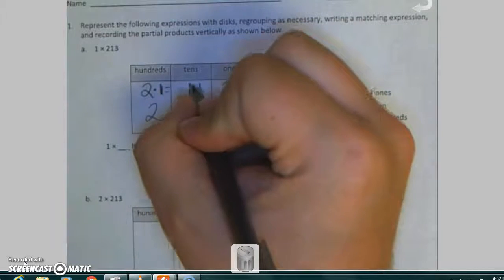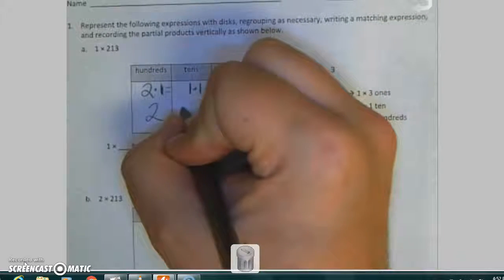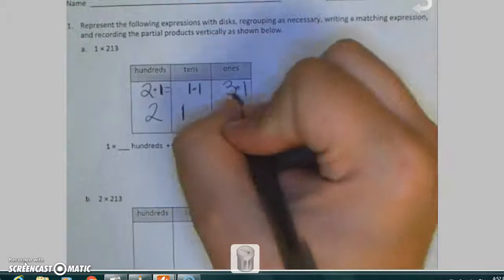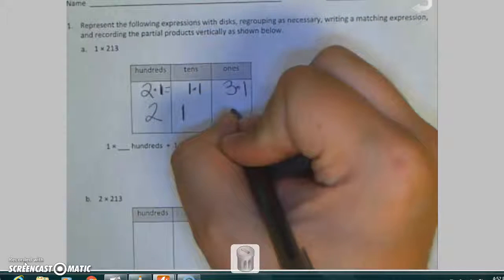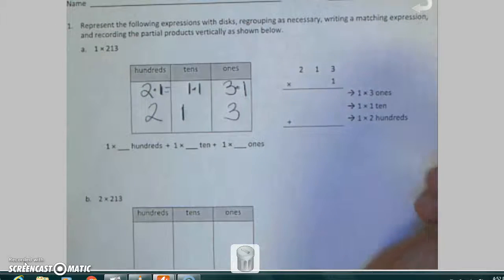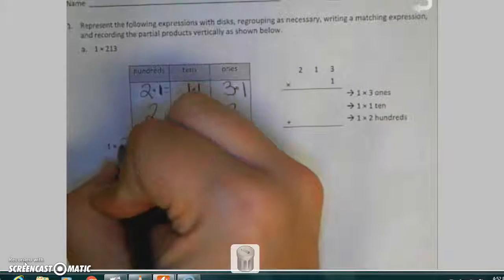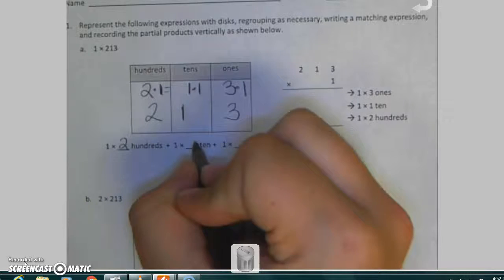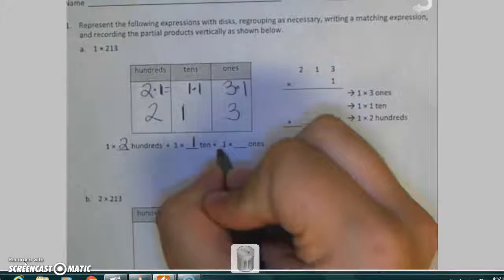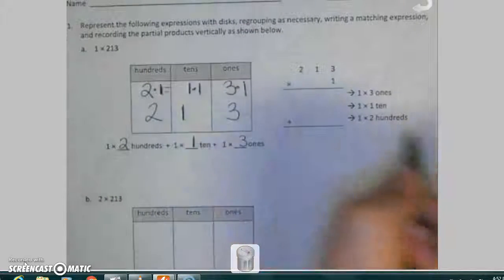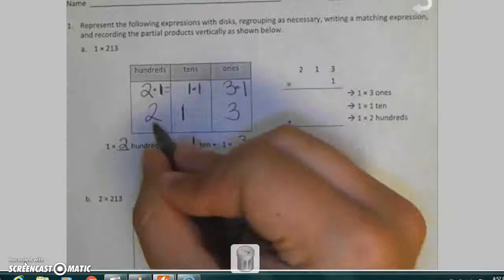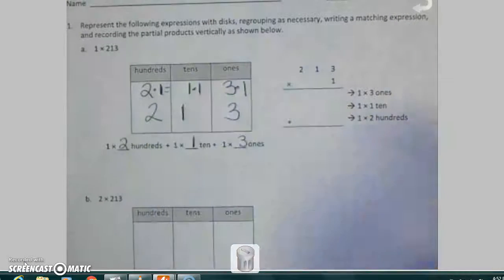If I have 1 ten times 1, I'm going to have 1 ten. If I have 3 ones times 1, I'm going to have 3 ones. So down here I can fill in 1 times 2 hundreds, 1 times 1 ten, 1 times 3 ones. And I should get 213.